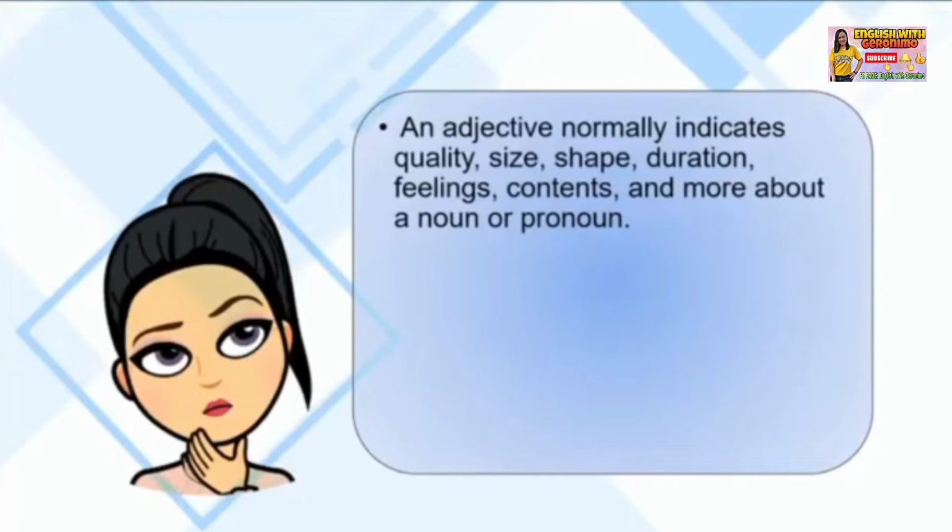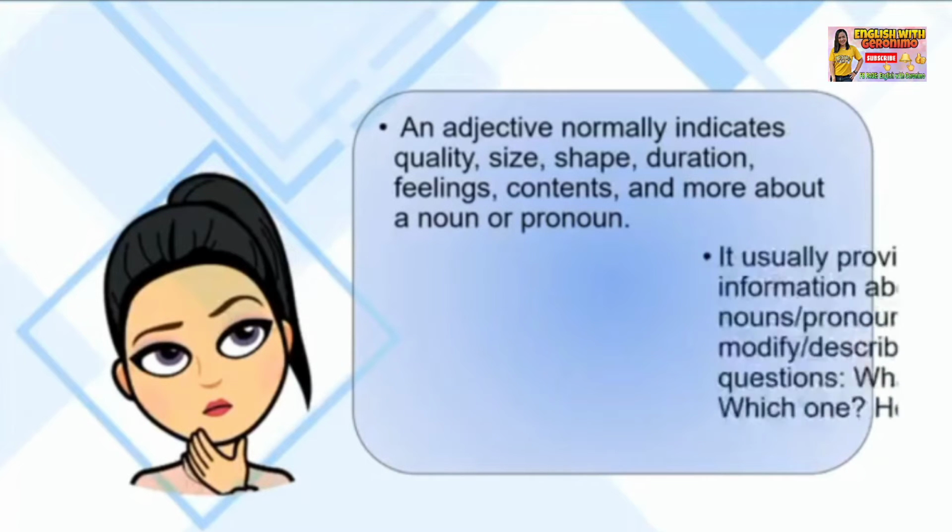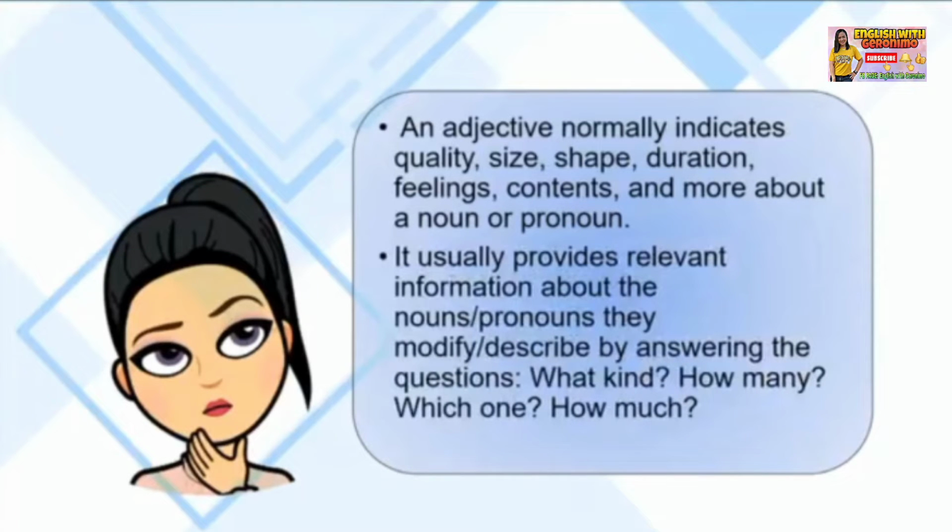An adjective normally indicates quality, size, shape, duration, feelings, contents, and more about a noun or pronoun. It usually provides relevant information about the nouns or pronouns they modify or describe by answering the questions what kind, how many, which one, and how much.